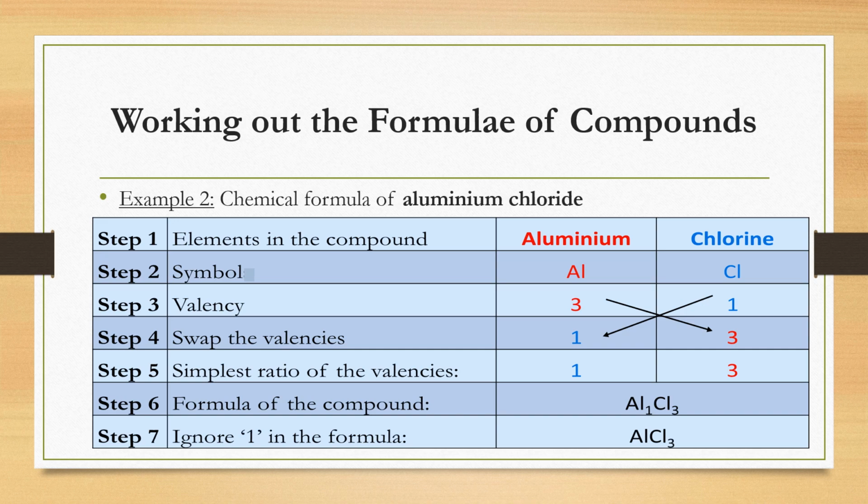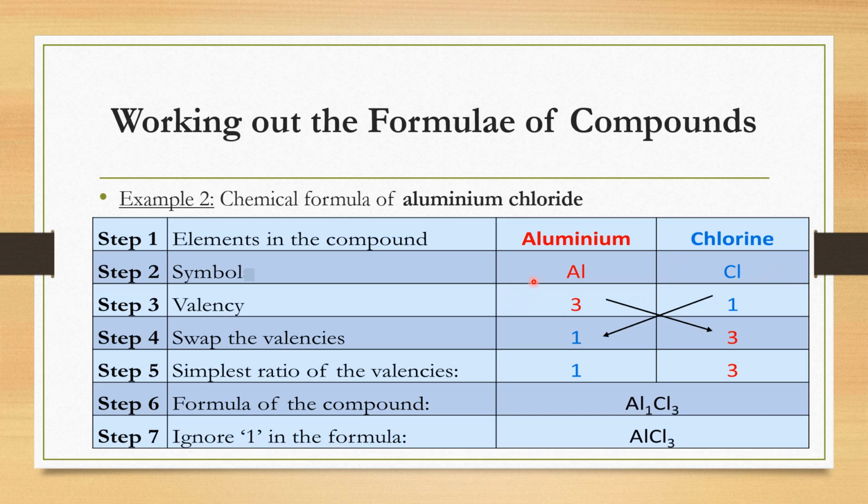Another example that we will consider is aluminum chloride. The elements present in aluminum chloride are aluminum and chlorine. The symbol for aluminum atom is Al, and the symbol for chlorine atom is Cl.